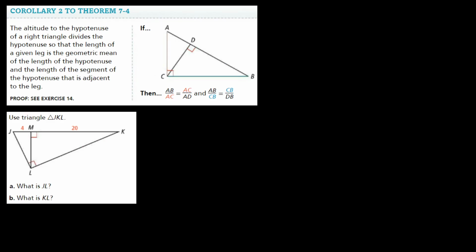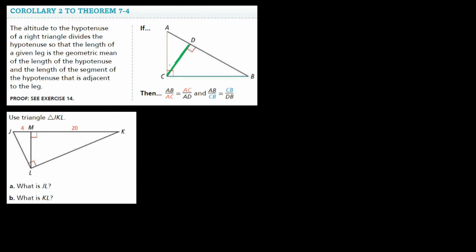So I've got another one. The second corollary, the second follow-up to that theorem, says the altitude from the right angle in a right triangle, so let's label it in green here, that's CD in this right triangle.